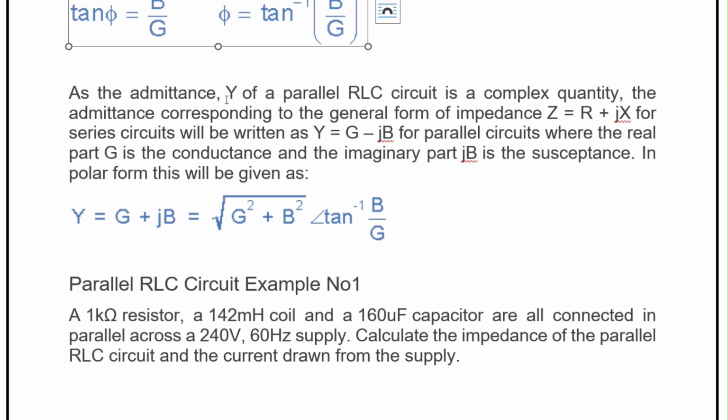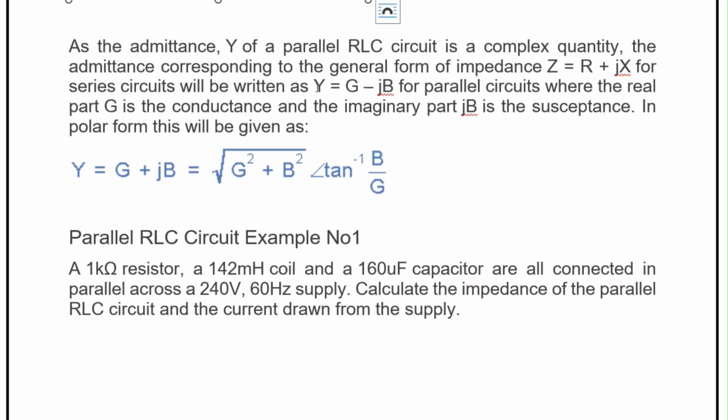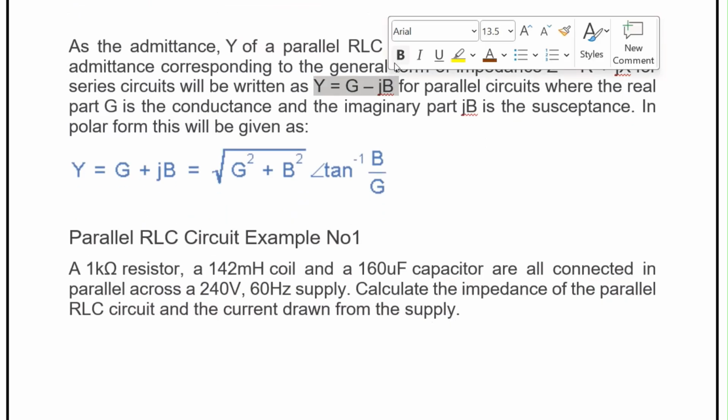As the admittance Y of the parallel circuit is a complex quantity, it corresponds to the general form of impedance Z equal to R plus jX for the series circuit, and will be written as Y equal to G minus jB. So the similarity is there.